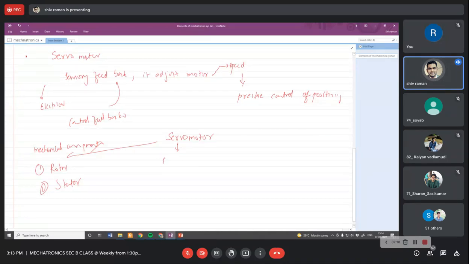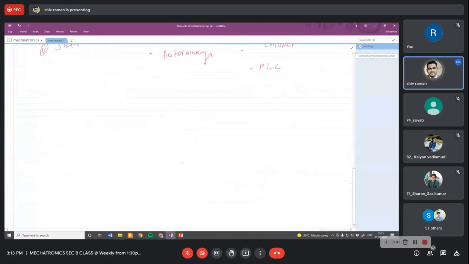Then in the electrical system of a servo motor, we generally deal with field wiring. Okay, we generally deal with rotor windings. Then in electronics we generally have sensors, encoder, or PLC system which controls the logic.